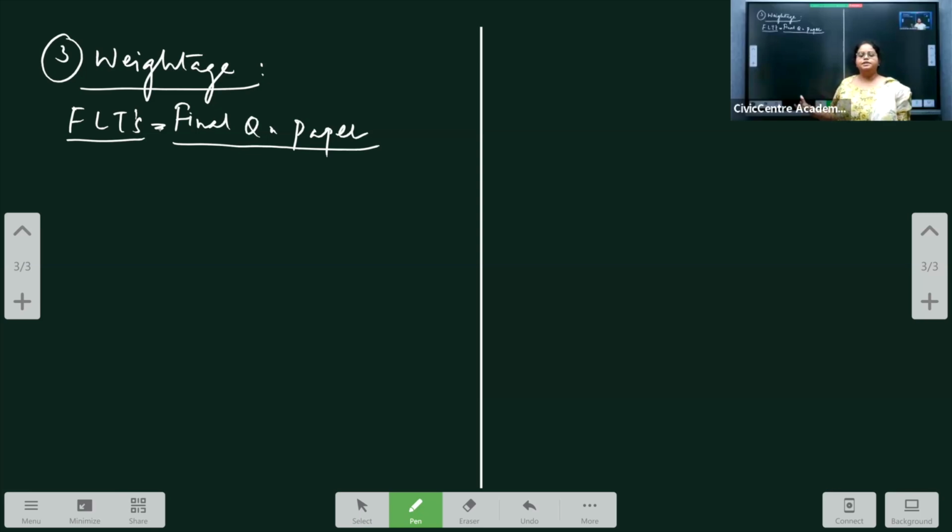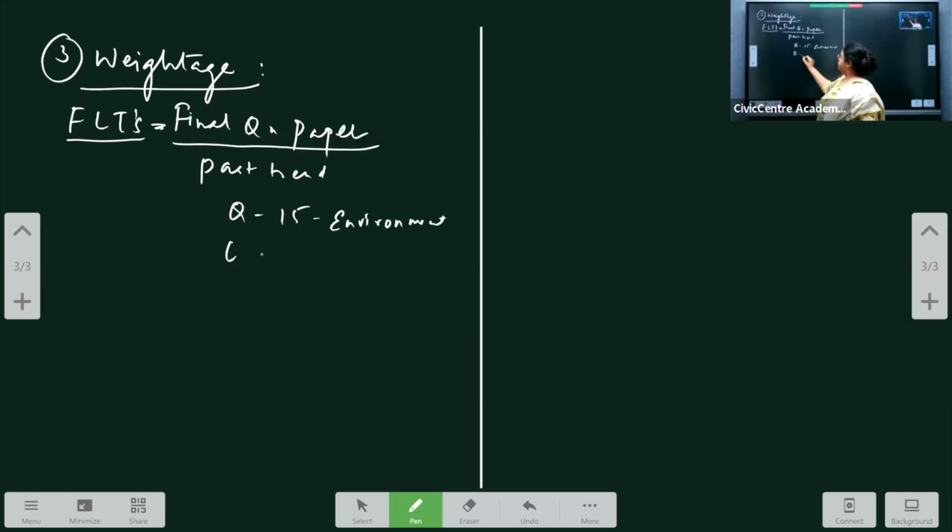How many questions are asked from each subject or each theme, that also you can define from the past trend. Like you know that questions like 15 questions are there from environment, sometimes it is 20, sometimes it is 17. So you see that at least 10 questions are there from polity. So you know the minimum number that is there.